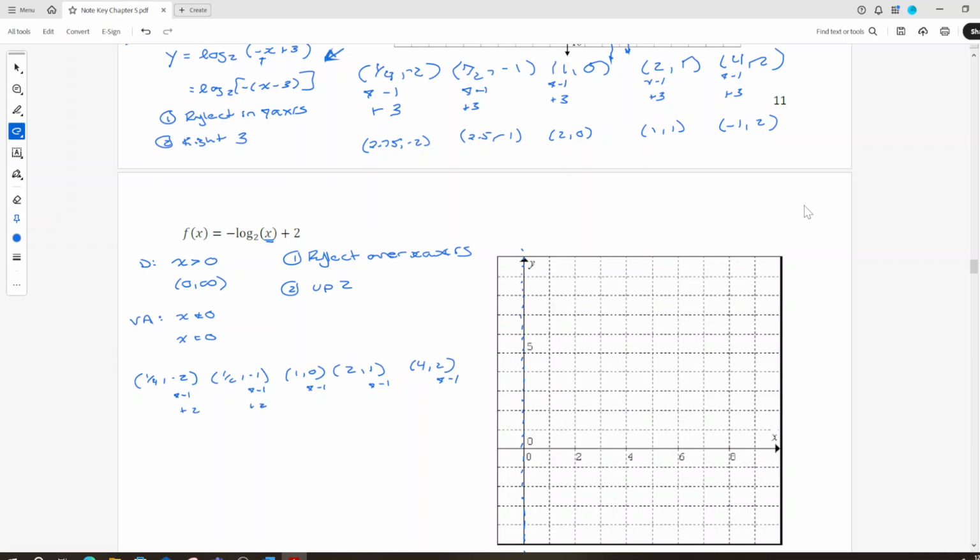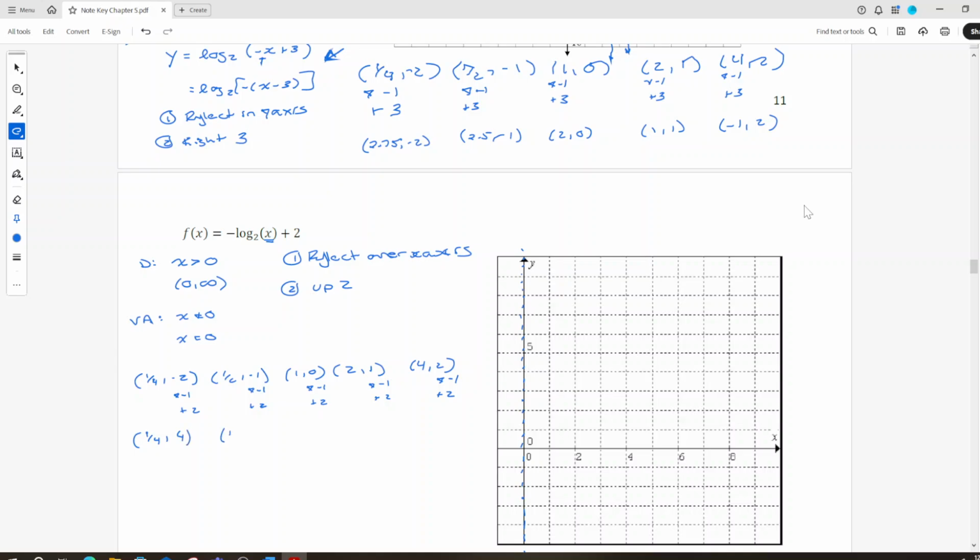Now you could do this in two steps if you want. You could multiply all the y values by negative 1, get an answer, and then add 2. That's probably the safer way to do it. I just decided to go hard. So this point would be at a quarter, and negative 2 times negative 1 is positive 2, plus 2 is 4.